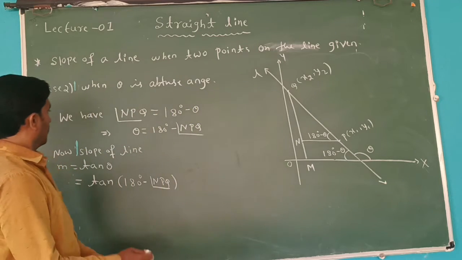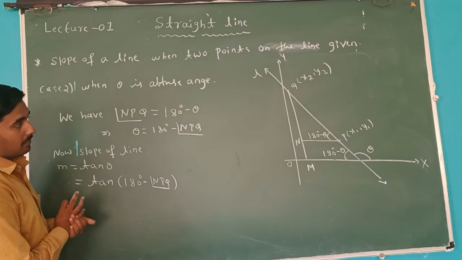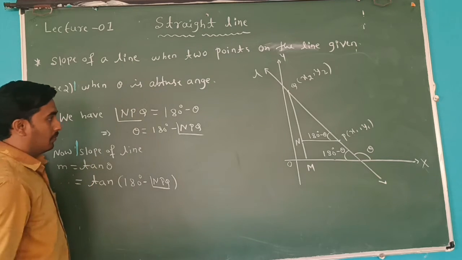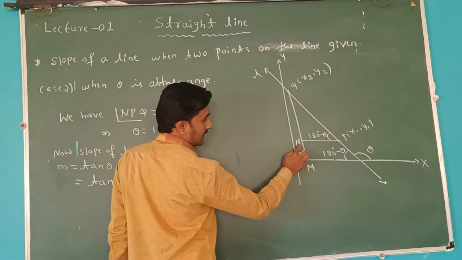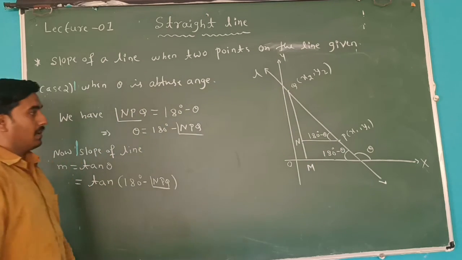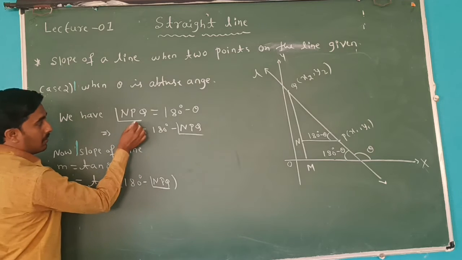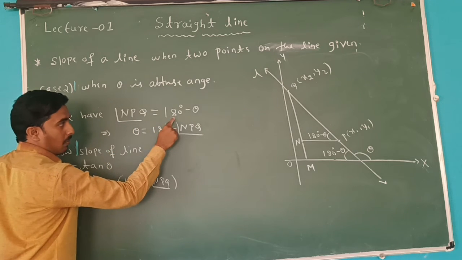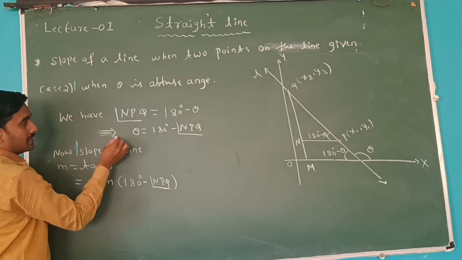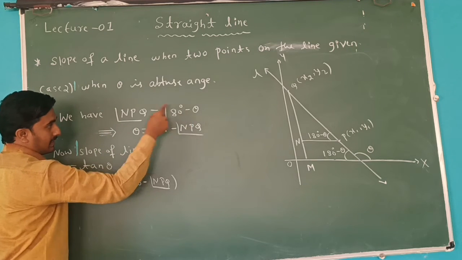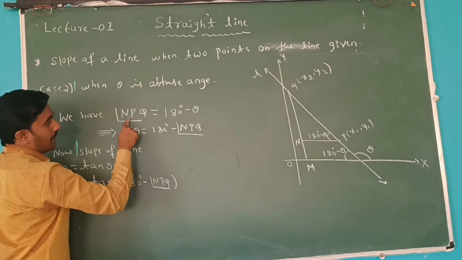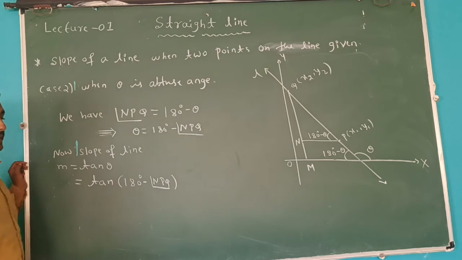Now, from the diagram, we have the angle NPQ. What is the angle NPQ here? From the figure, angle NPQ is equal to 180 minus theta. So this implies that theta is equal to 180 minus angle NPQ.